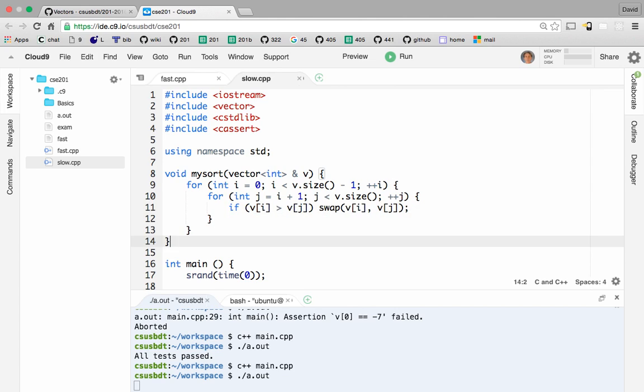So the time to complete this, the running time, is some constant, some proportion, times the number of values in V squared. So as the size of V gets large, the time just blows up.